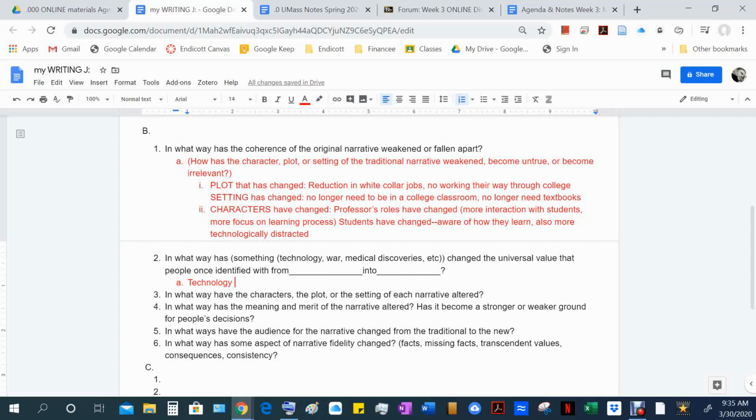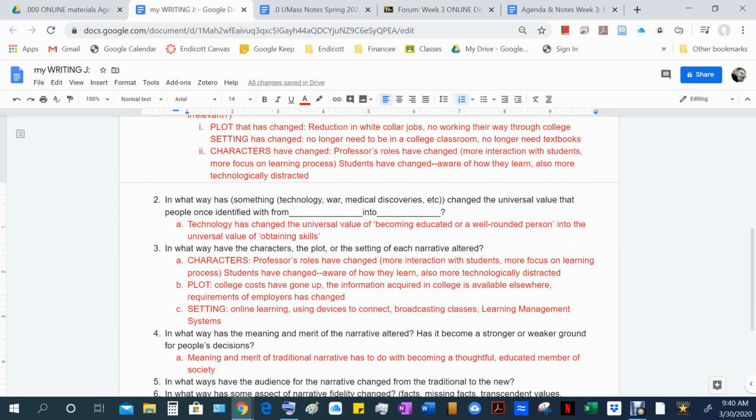And the universal value, technology has changed the universal value. The old idea sort of was colleges turn people into thoughtful, educated people in society, right? That's sort of the value of it. That was very much the value.